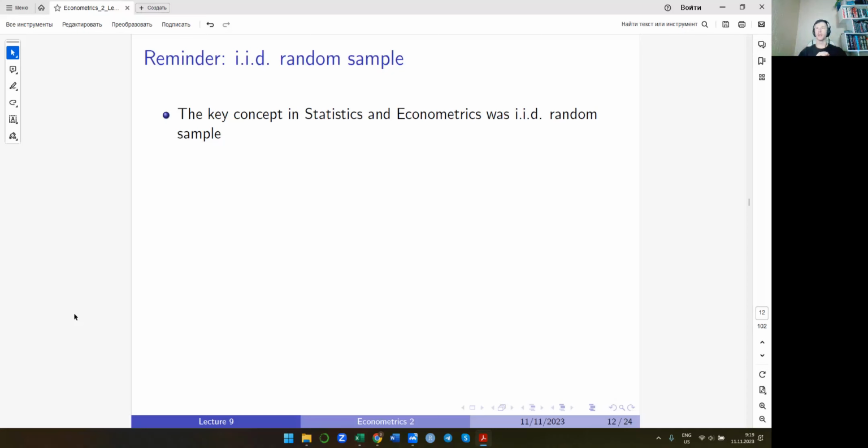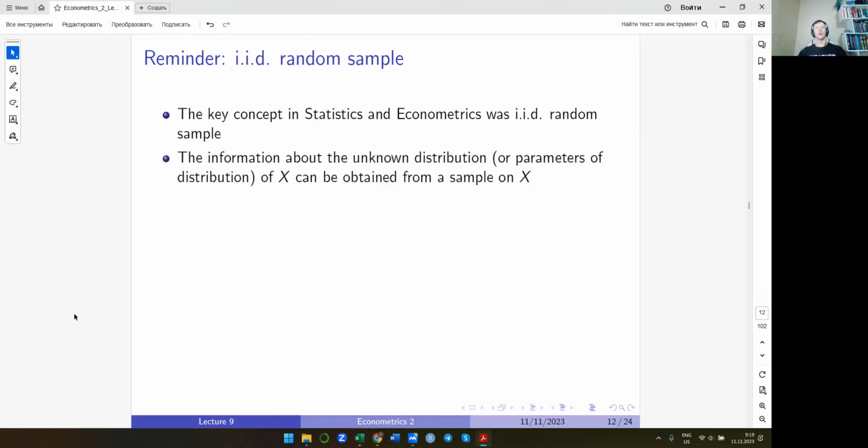Usually the error terms are IID, usually the sample is IID, and so on. So with this, we were able to introduce the following rule. The information about the unknown distribution or parameters of distribution of x we could obtain from the sample on x.